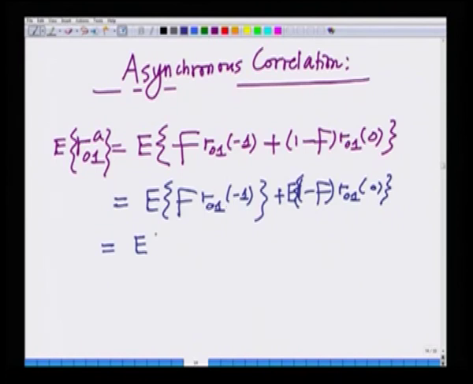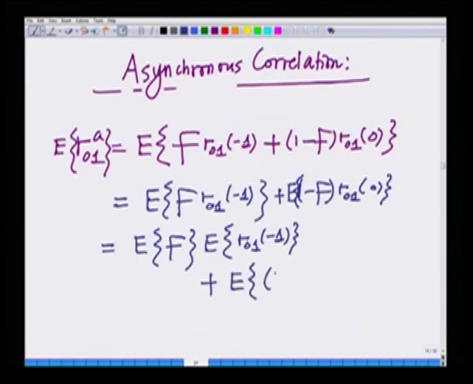So, these are two independent random variables, hence this can be naturally split into expected f times R01 of minus 1 plus expected 1 minus f times R01 of 0.